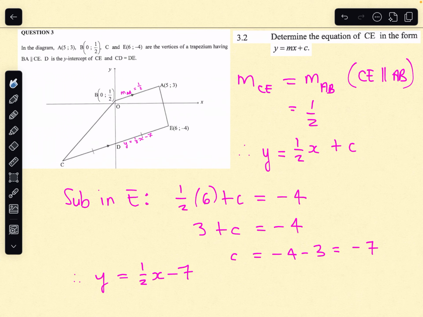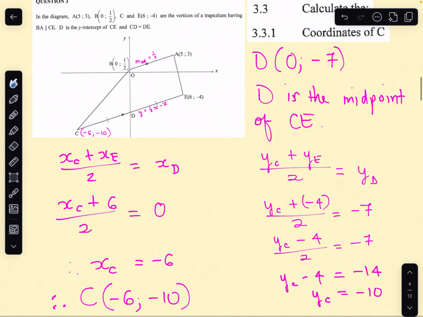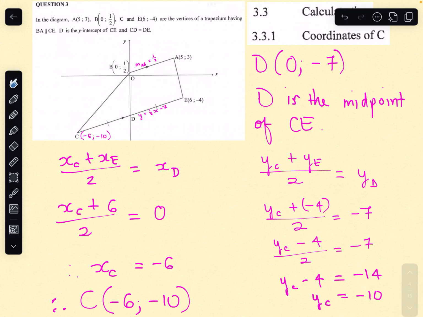So they start out by saying indeed the gradient of CE is a half because it's parallel to AB, and then they substituted the point E to figure out the value of c, the y-intercept. And our final answer is the same. y is equal to a half x minus 7. Cool. Then the next question, we needed to find the coordinates of C, and they did indeed use the midpoint formula to determine that. So we got C (minus 6; minus 10).